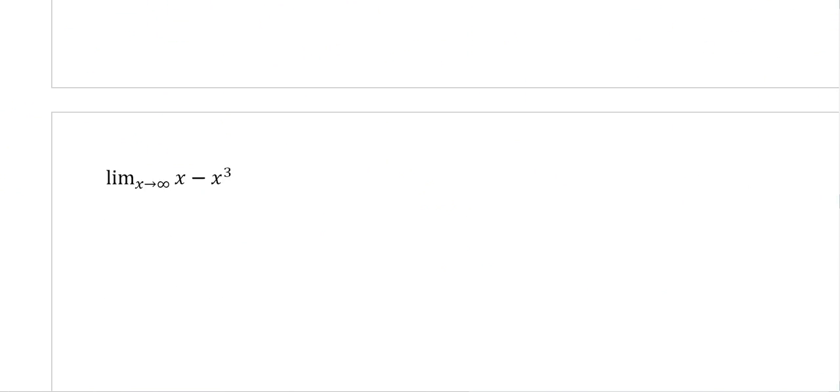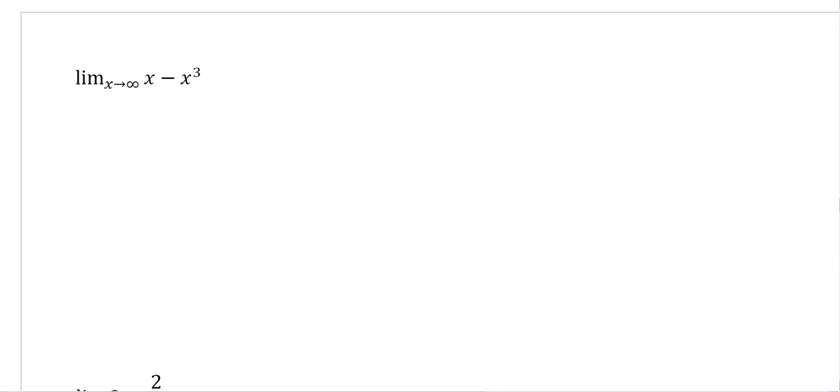All right, so moving on. My next question is another question where the limit is going to infinity, and I have x minus, let me just put brackets around this thing, x minus x to the power 3. Now this question is a little bit different. We haven't seen this question in the homework, and we haven't seen this anywhere else, but we do want to approach this question how we approach the other questions when x goes to infinity.